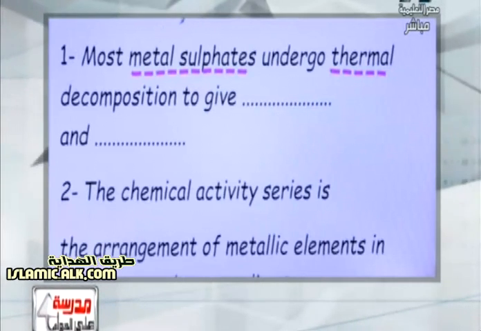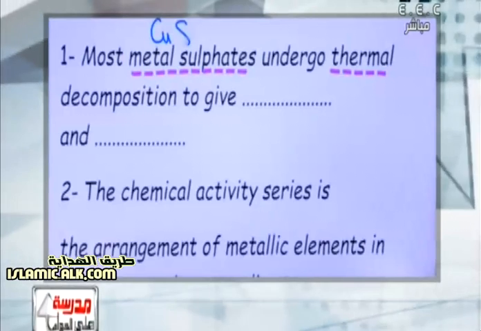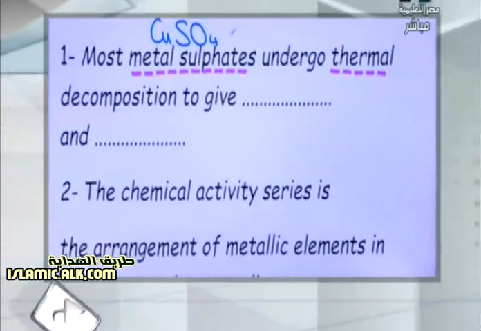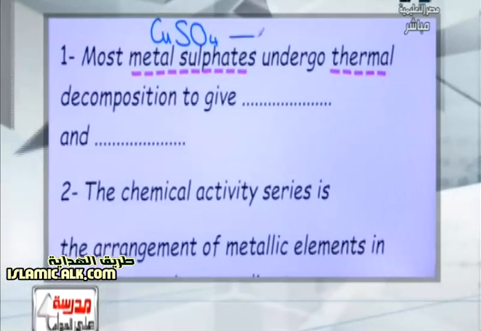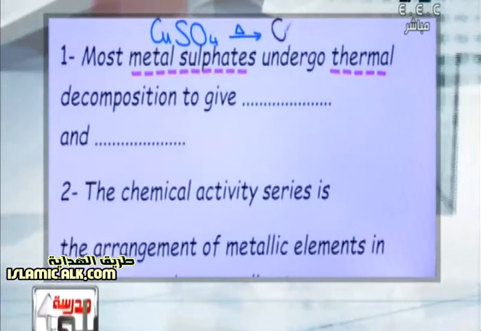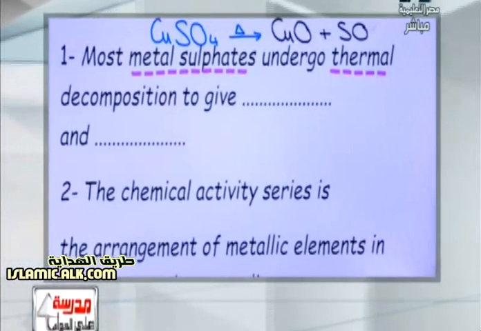We talk about copper sulfate, and the copper sulfate has a blue color. Copper sulfate decomposes by heating and gives black copper oxide and sulfur trioxide.